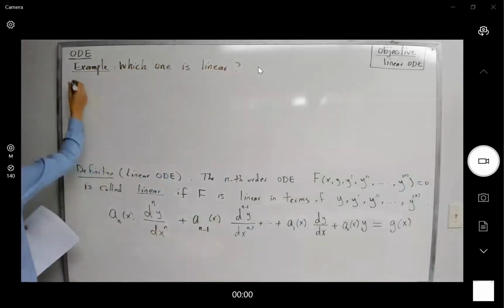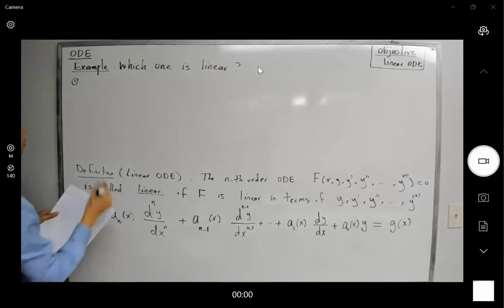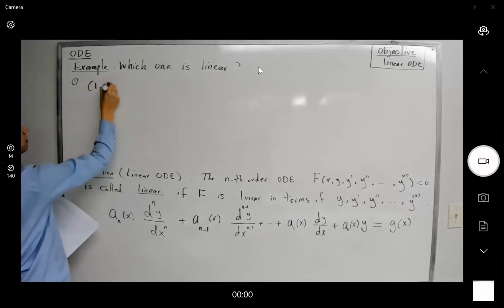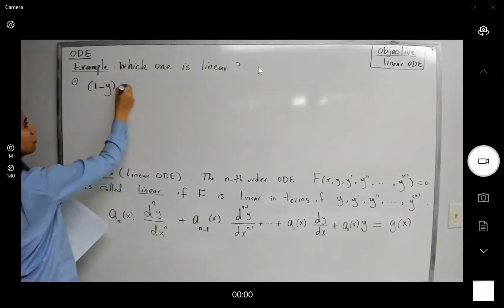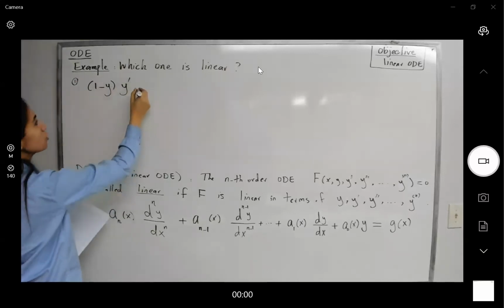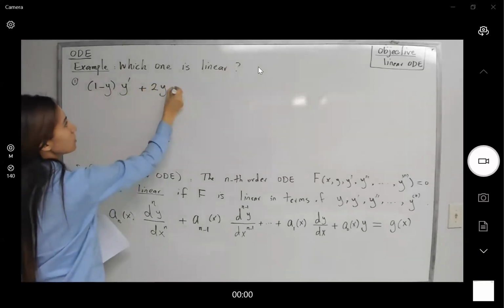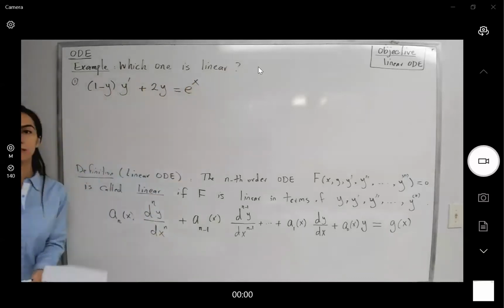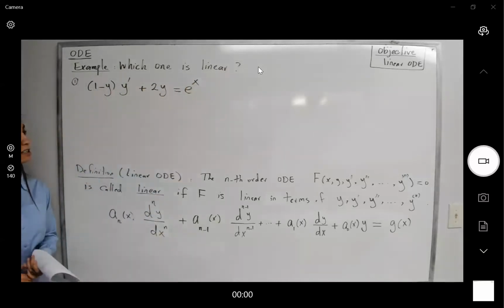Well, the very first one is 1 minus y times the first derivative of y plus 2y equals e to the x. Is this a linear differential equation?